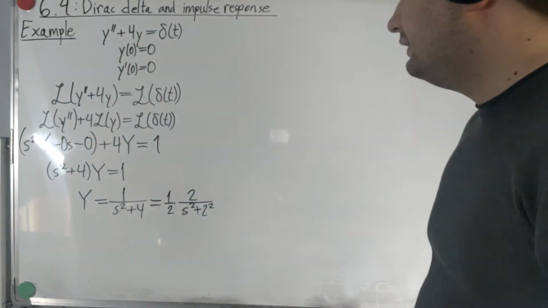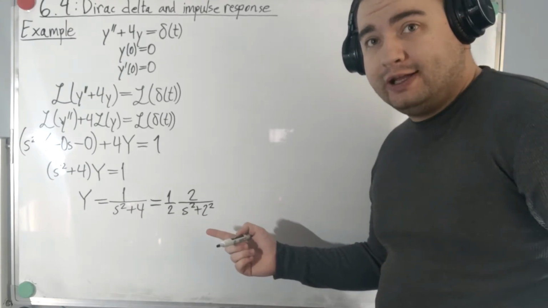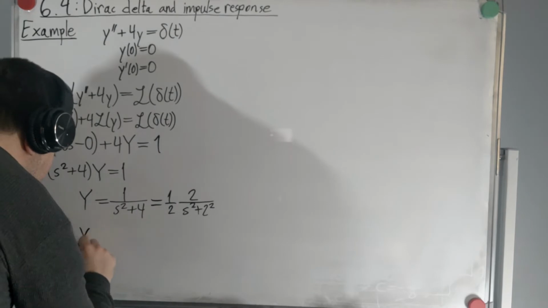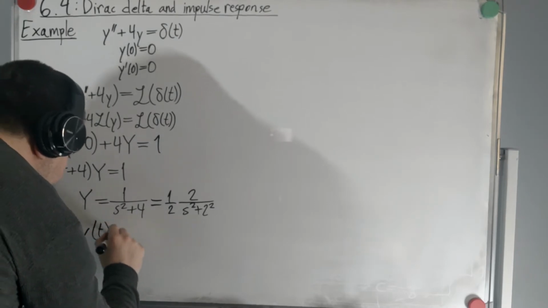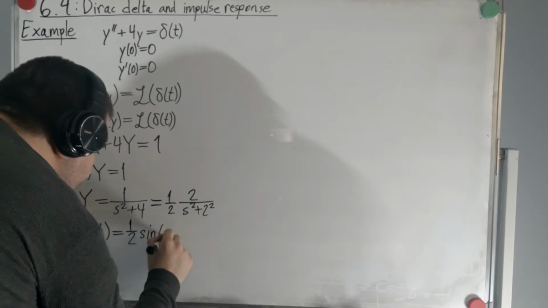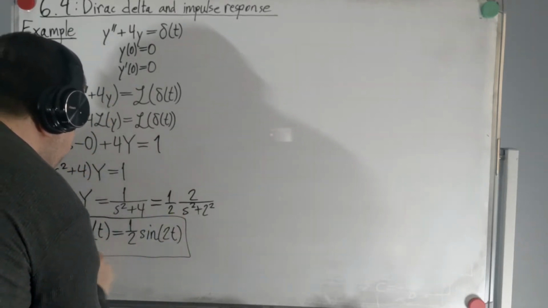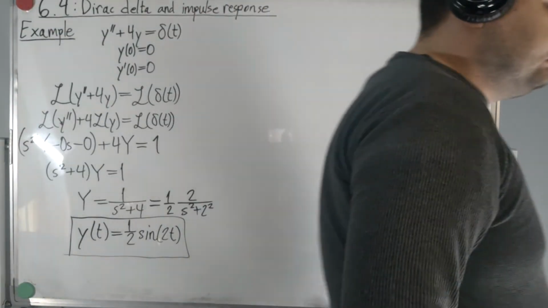And now we're starting to get something that looks like the Laplace transform of the sine of 2t. So y of t, the solution, is 1/2 sine of 2t. And that's our answer.